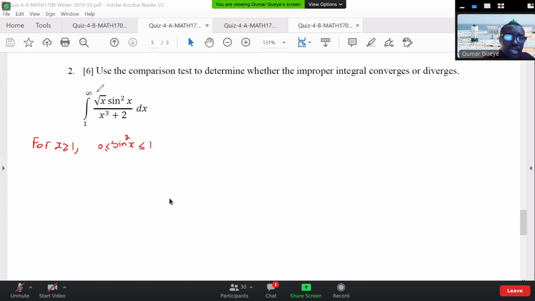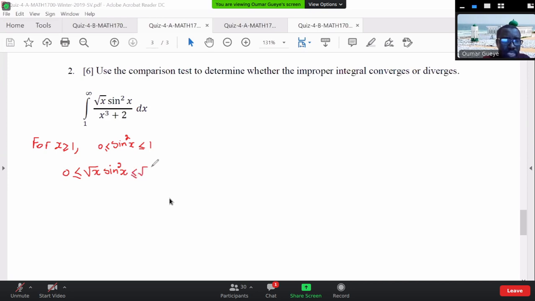Now I'm going to multiply with root of x. I'm just trying here to squeeze my numerator first, as I did in the previous example. So when I multiply by root of x, I still have 0 less than root x sine square x, and I multiply again here by root x.